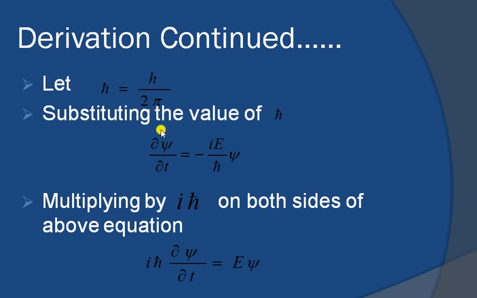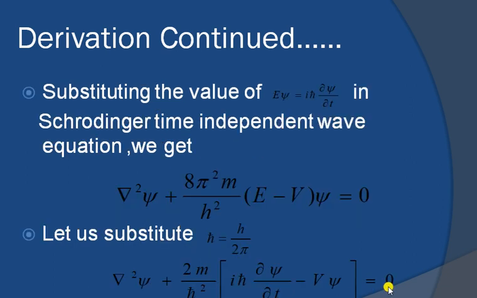Now substituting the value of h cross, dou psi by dou t equal to minus i into E upon h cross into psi. Now multiplying by i h cross on both sides of the equation, we get i h cross into dou psi by dou t equal to E psi.